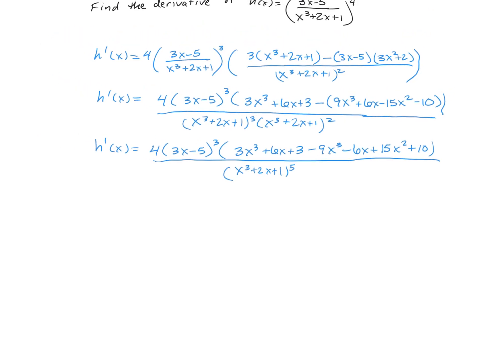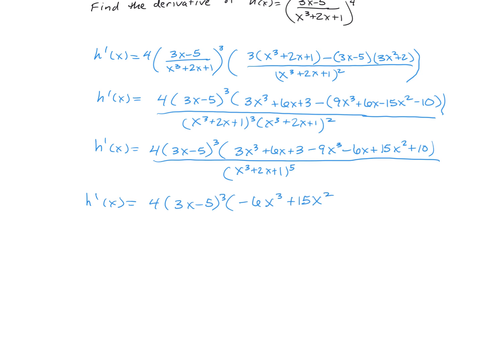All right, so now we're going to see if we can simplify down what's in our parentheses. h prime of x still has a 4 times the (3x - 5) cubed in the front. Cleaning up our parentheses, we've got a 3x cubed and a minus 9x cubed makes negative 6x cubed. Looking at our squared terms, we just have a plain 15x squared.